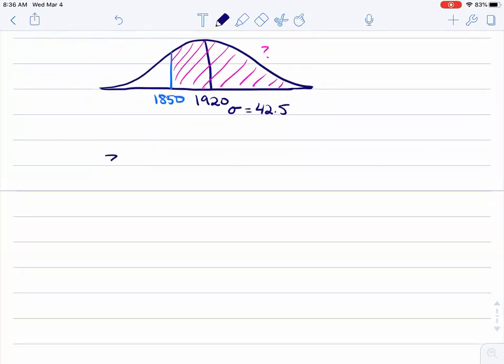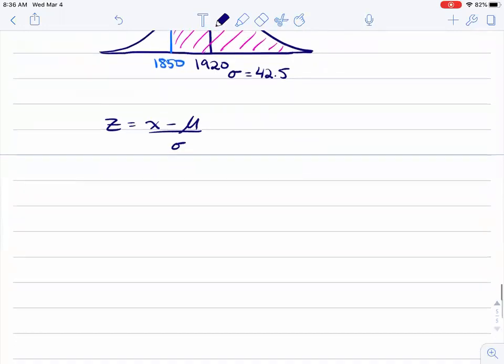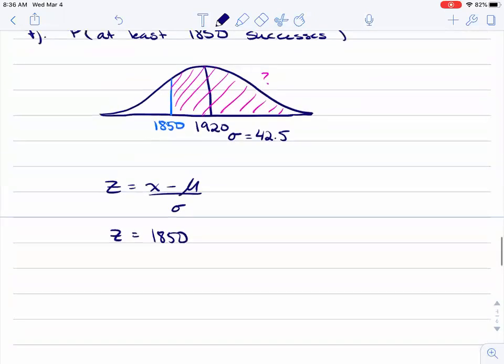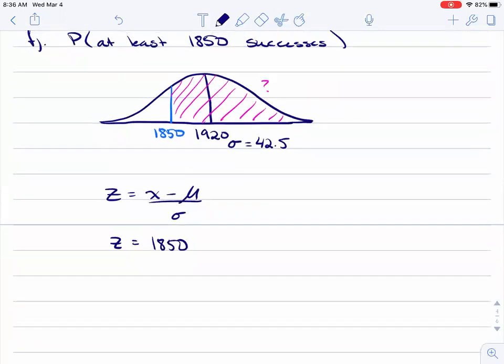So we find that z equals x minus mu over sigma. So z is 1,850. X is always going to be the value that you're interested in, finding the area around, right?